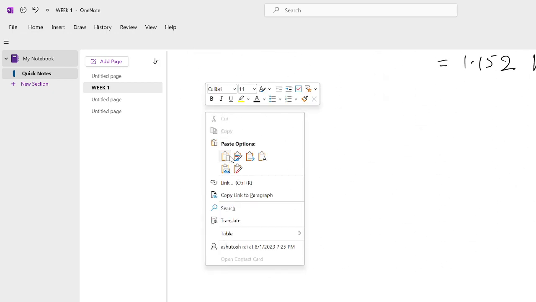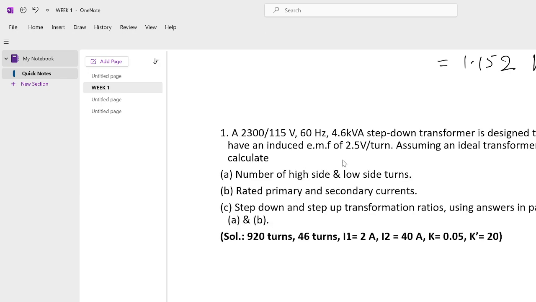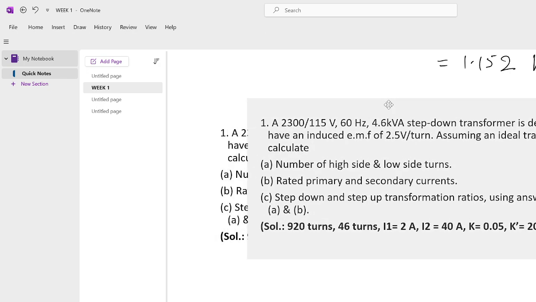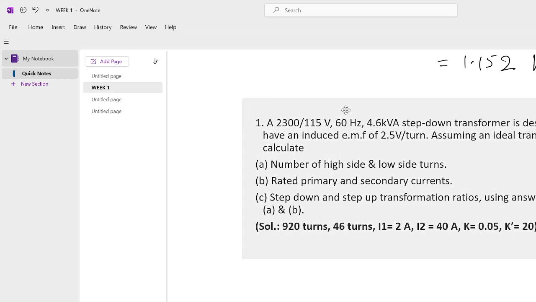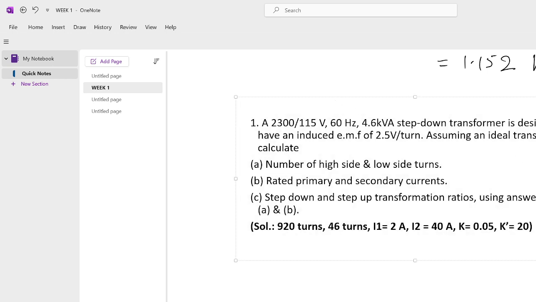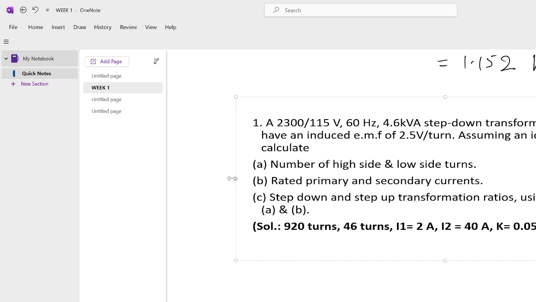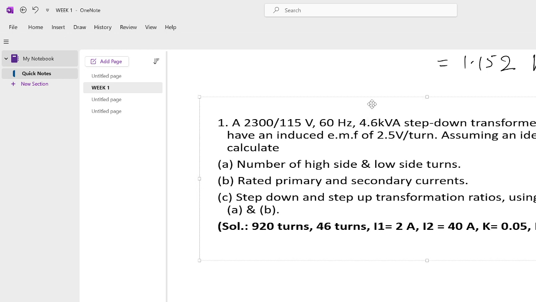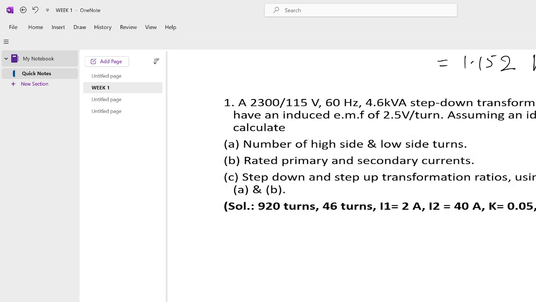So this is the next question. We'll start with this basic transformers question. A 2300 by 115 volt, 60 hertz, 4.6 kVA step down transformer is designed to have an induced EMF of 2.5 volt per turn.